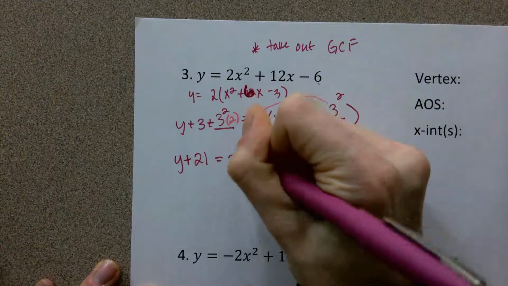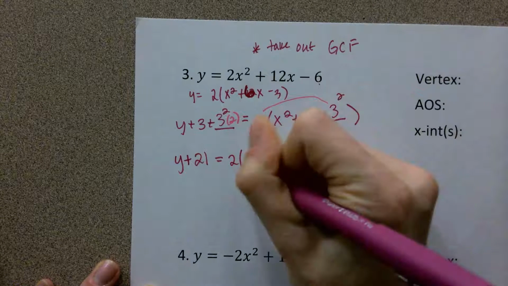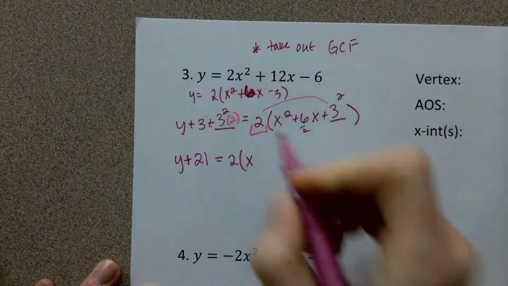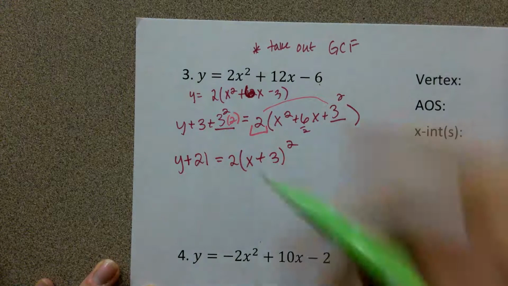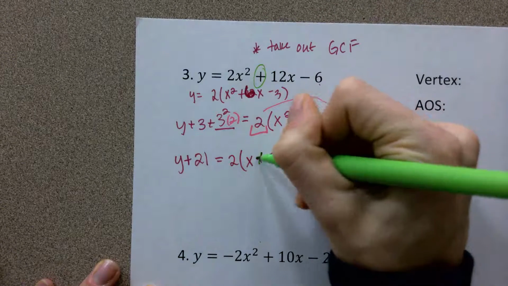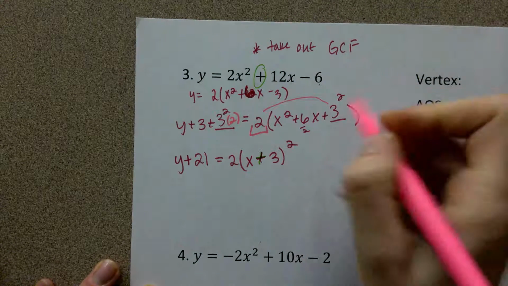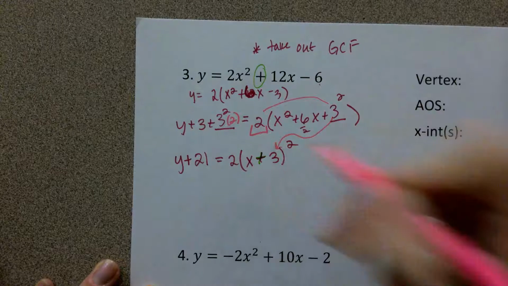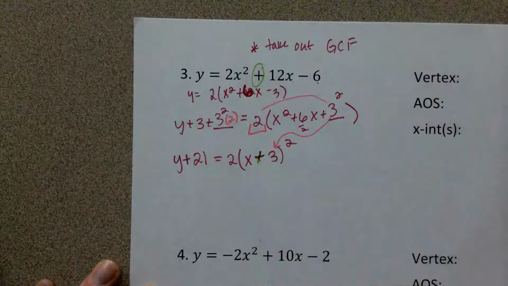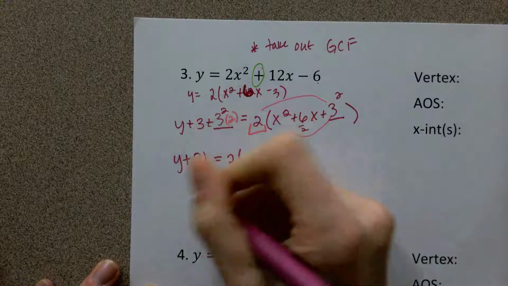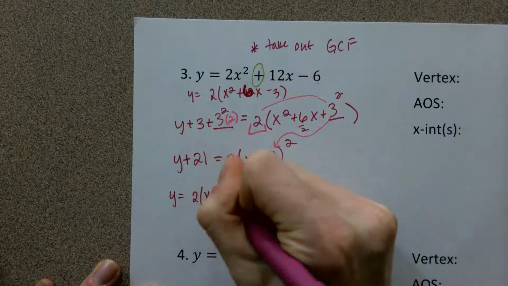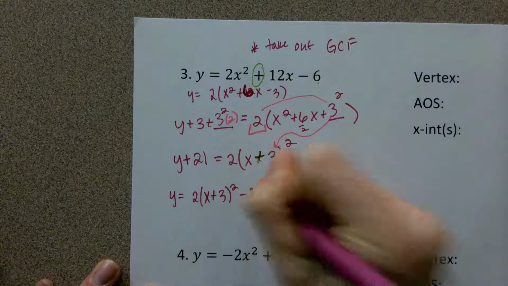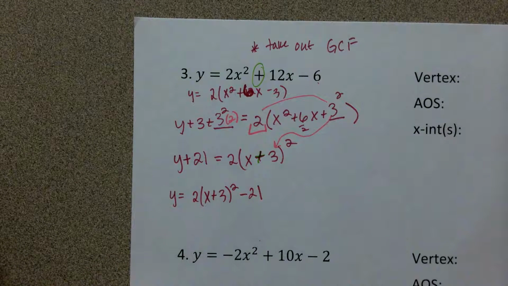equal to 2. Rewriting this as a perfect square, we get x plus 3 squared. This is addition, so this is addition. And this 3 just comes back down to here, whatever that number is. Okay, then we need to subtract our 21 back over, and that is our standard vertex form.